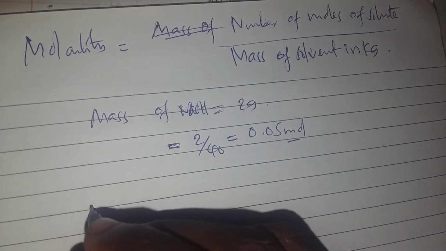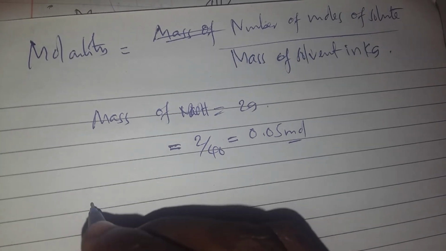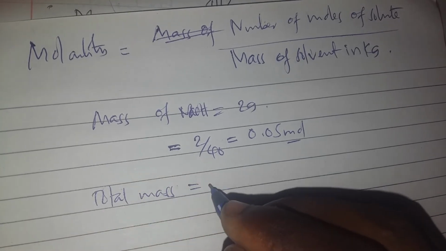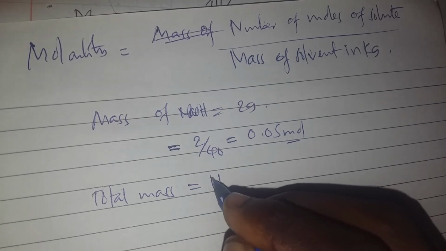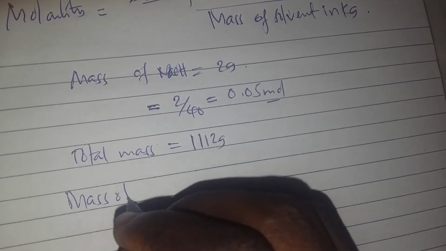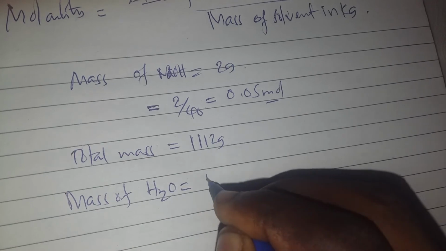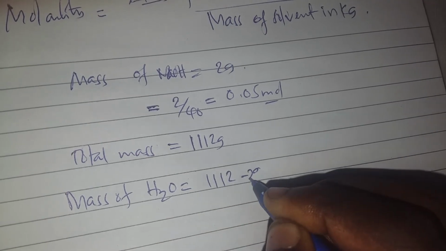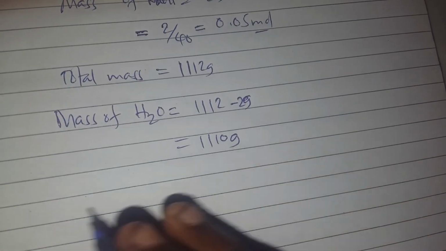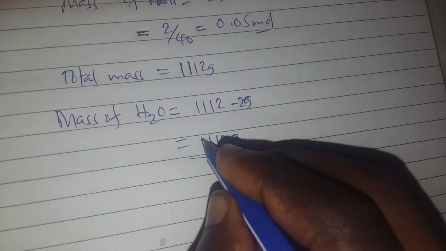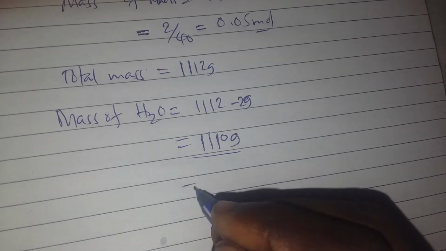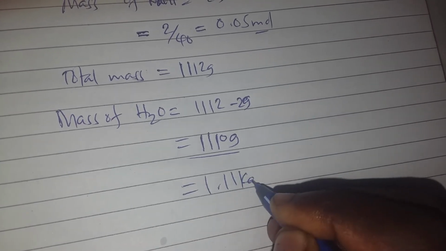But the total mass of solution was 1112 gram. Now mass of water will be 1112 minus 2 grams. You get 1110 grams. So 1110 grams, converting to kilogram, we get 1.11 kilogram.